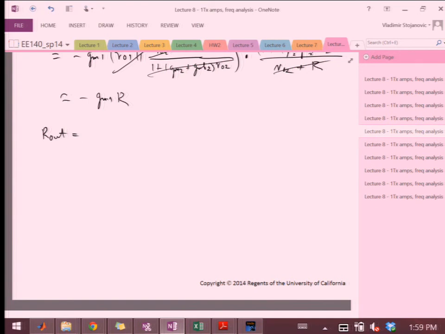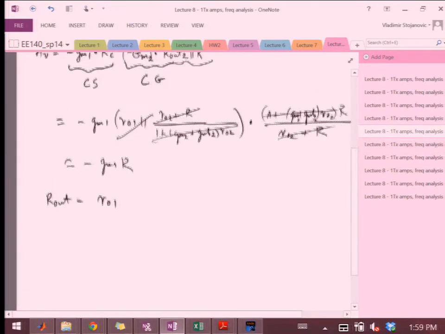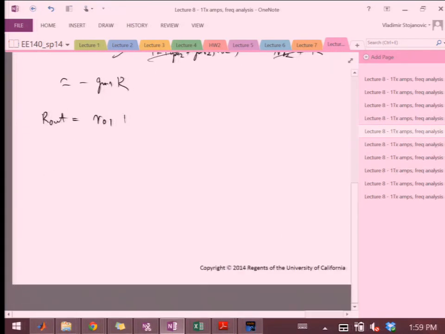But that gain is not really the most important piece about the Cascode. The most important piece is what's the output impedance. And we hinted that a little bit yesterday at the office hours. But again, the output impedance is R01 plus something like this, okay?